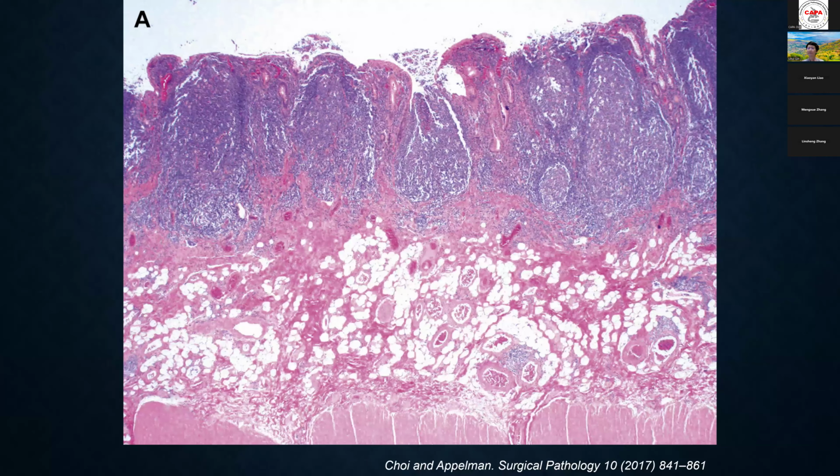And this looks very inflamed. You can see there's some glands, but they're really separate from the other group of glands, and they are separated by a lot of mononuclear cells. So is it IBD, right? And if you look carefully, these are lymphoid aggregates, right?